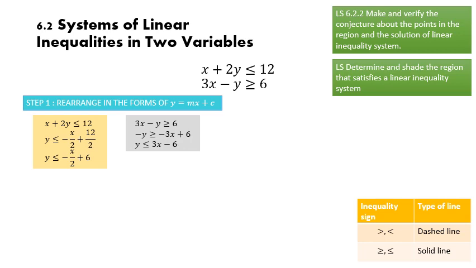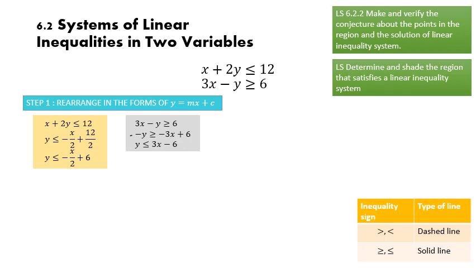That will be easier for us to determine the y-intercept and so on. So I rearrange the equation into this one. What I need to reinforce here is for this one. When you have negative y is greater than or equal to negative 3x plus 6, then we want to move the negative y here.